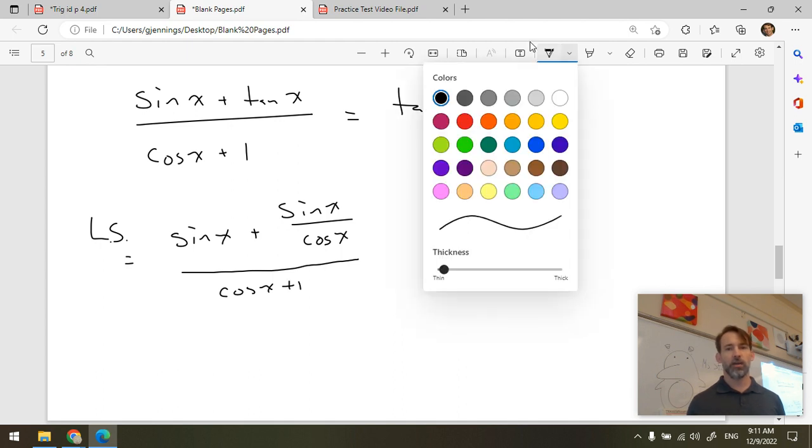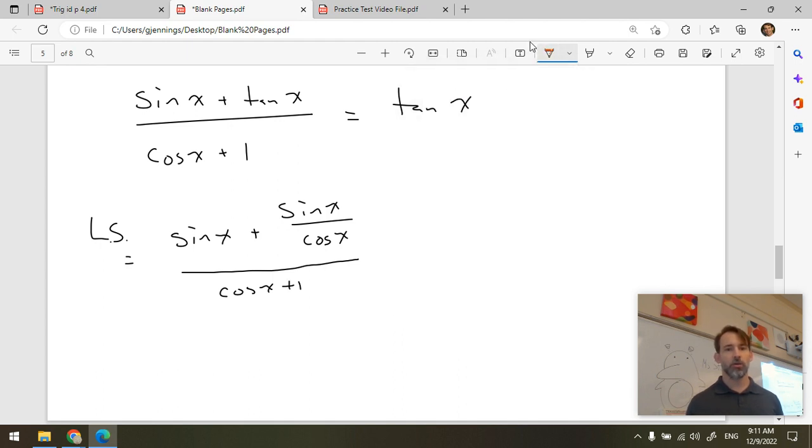Now we get out our pen of create common denominators, and I notice I need a common denominator in my numerator. So if I divide this by cosine of x, and I multiply the top by cosine of x, I have created a common denominator without changing that thing.